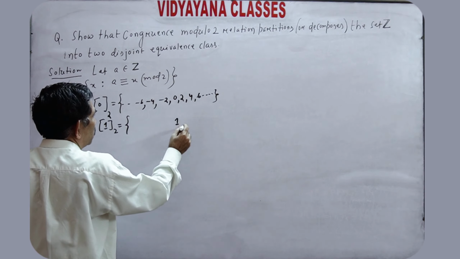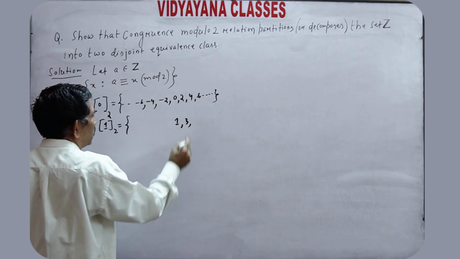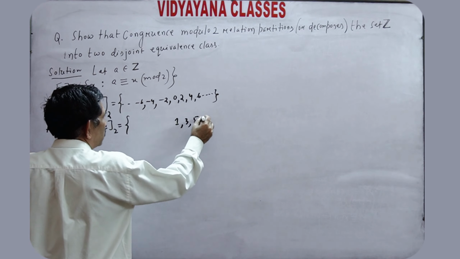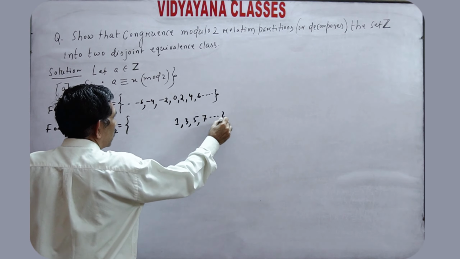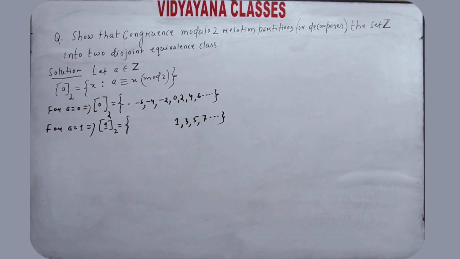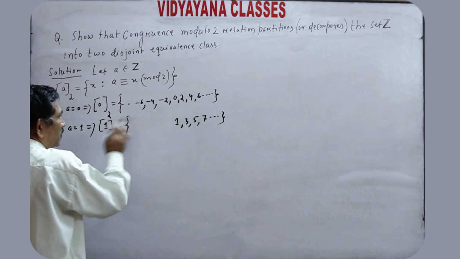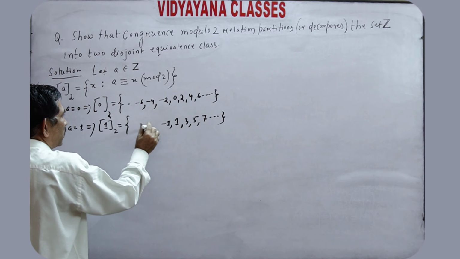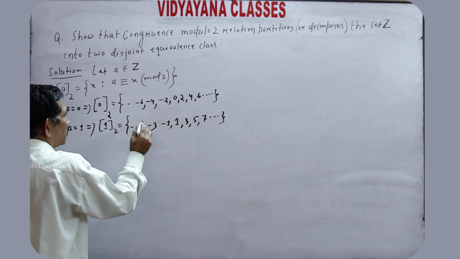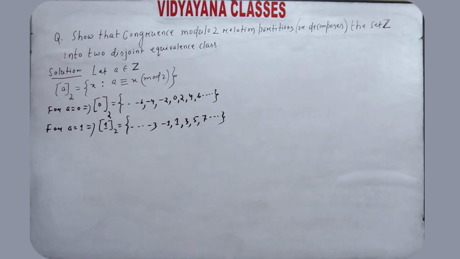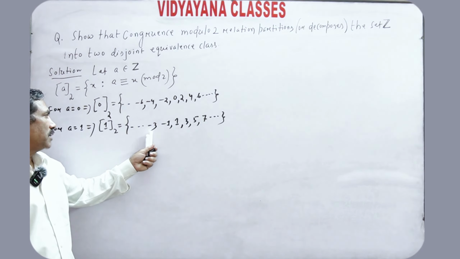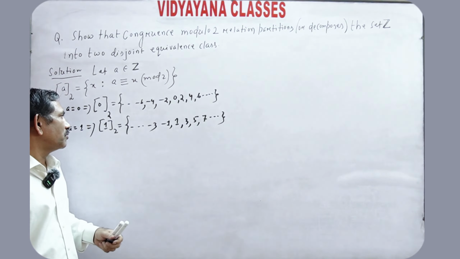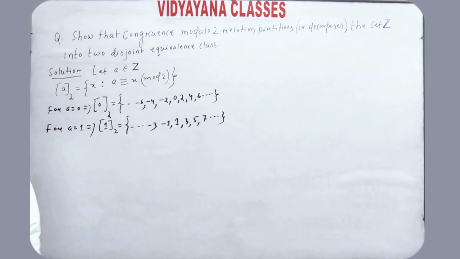Since the modulo is 2, 1 plus 2 is 3, 3 plus 2 is 5, 5 plus 2 is 7, and so on. 1 minus 2 is minus 1, minus 1 minus 2 is minus 3, and so on. 1 minus minus 3 is 4, divisible by 2. 1 minus minus 1 is 2, divisible by 2, and so on.